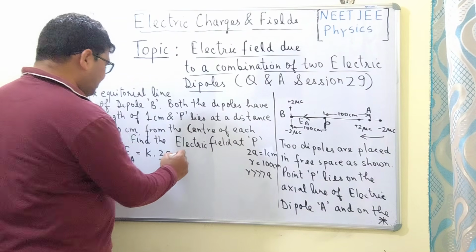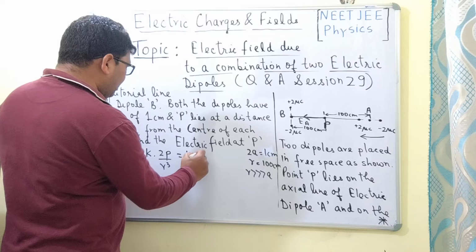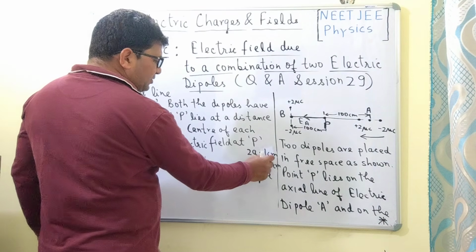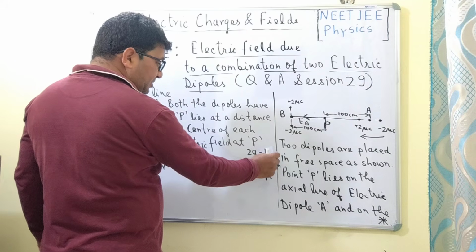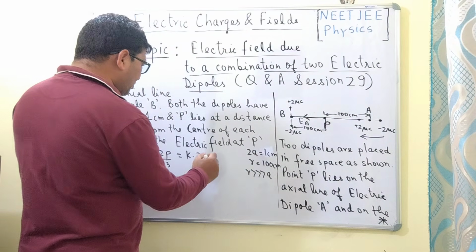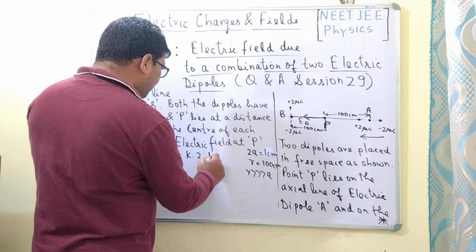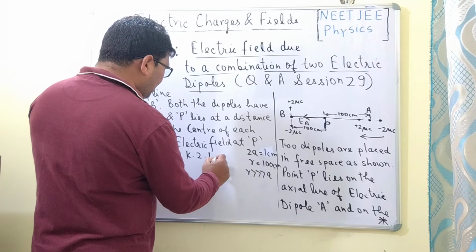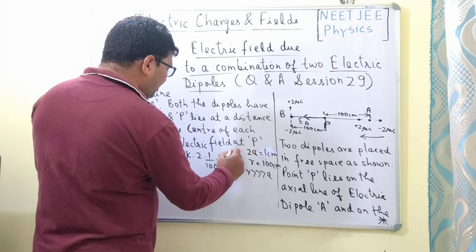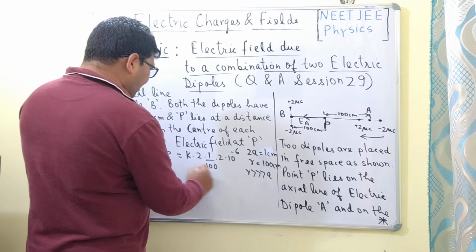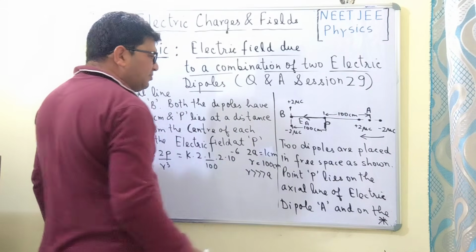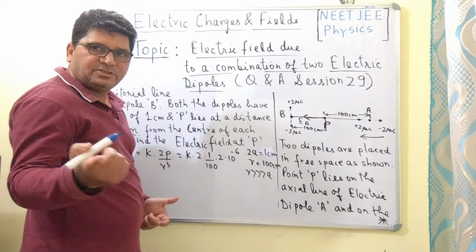Now EA is equal to K into 2P divided by R cube, where P is the dipole moment, equal to the length of the dipole multiplied by the magnitude of any one of the charges of the dipole. So this is 1 by 100 into 2 into 10 to the power minus 6, divided by R cubed. R is the distance of point P from the center of the dipole, which is 100 centimeter, or in meter it is equal to 1.